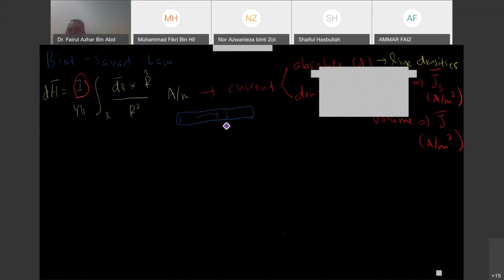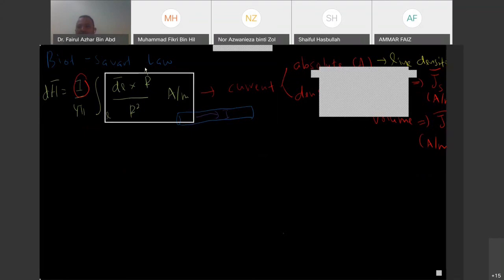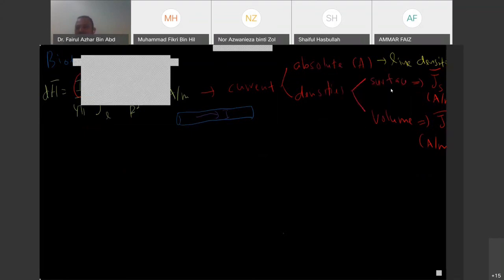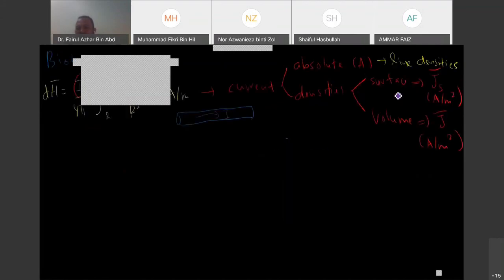By referring to this setup, we know that the absolute value for the current already represents the line density, if we compare with the charge perspective. In current we cannot have one isolated current as we might have with a charge. So that's why the absolute value for the current itself is a line density, and the density value for the current can be expressed either by using the surface or by using the volume density.